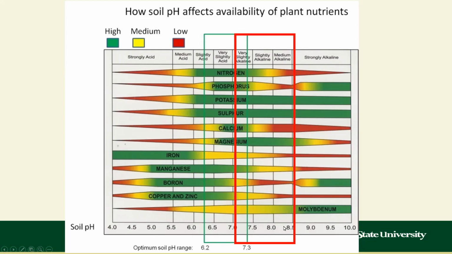So if you say, okay, I've got a pH of 8, how do I get it to a pH of 6.5? Well, it won't happen. Just because it's so hard, you probably end up having a lot of calcium carbonate or lime in the soil once you get up into these higher pHs, and it's just really hard to ever reduce it.